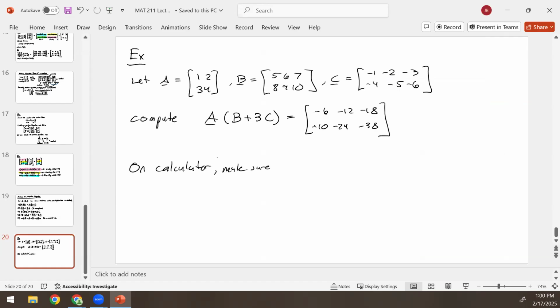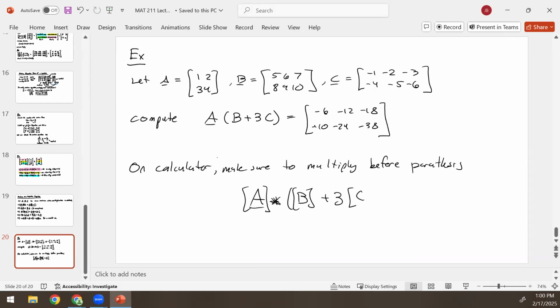Make sure to multiply before the parenthesis. So A times B plus 3C, like that. Okay, so just a little calculator thing that you have to deal with, right?